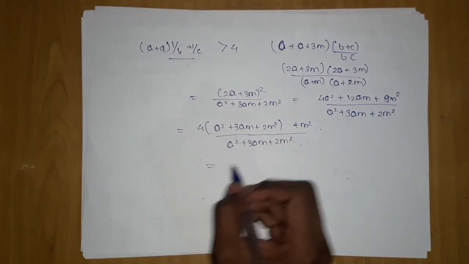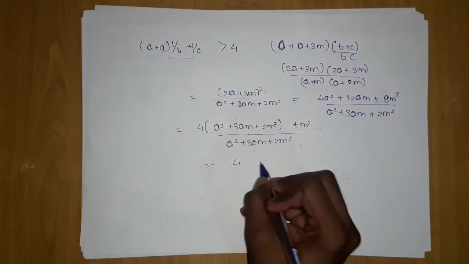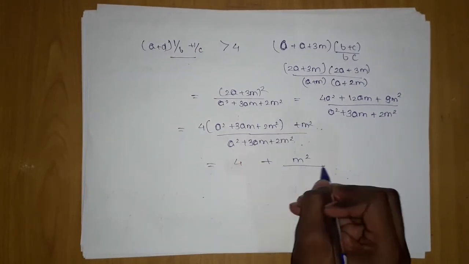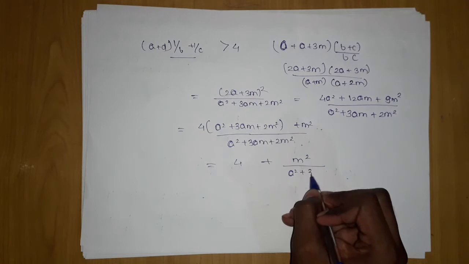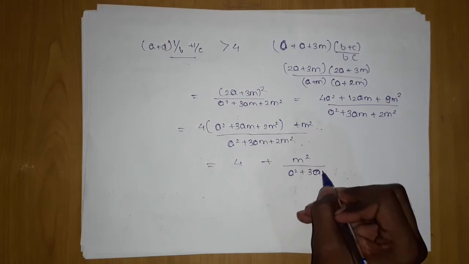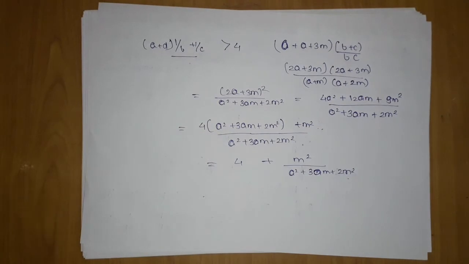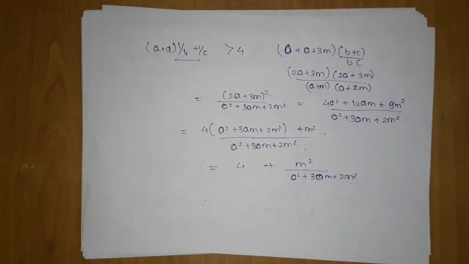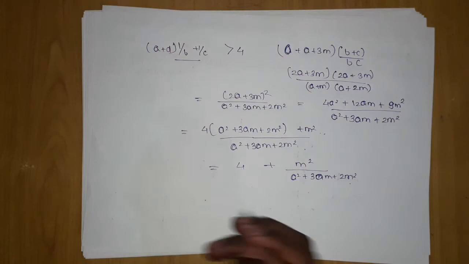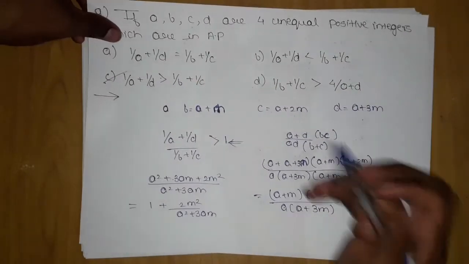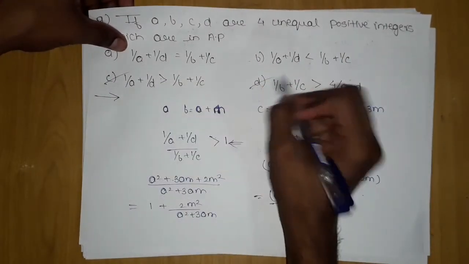This 4 will cancel, and in the end it gives me m square upon a square plus 3am plus 2m square. What I get is surely greater than 4, because it is 4 plus something positive. So the fourth option D is also correct. So B, C and D are the correct ones. Now let's move on to the next question.